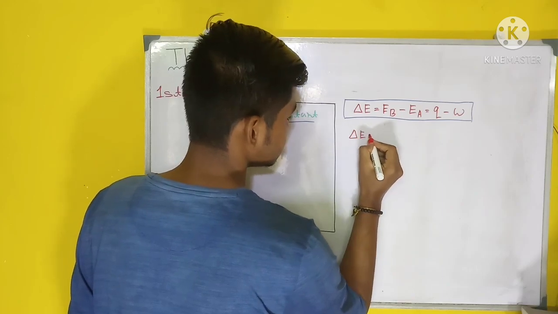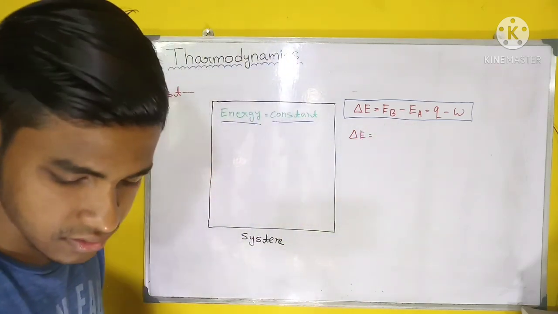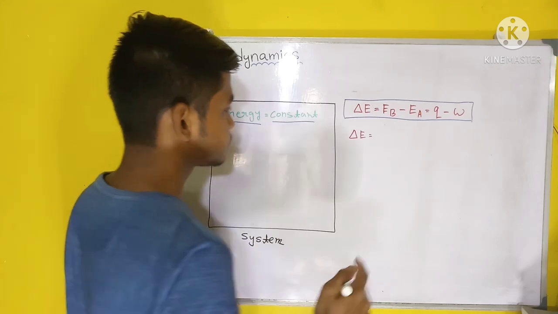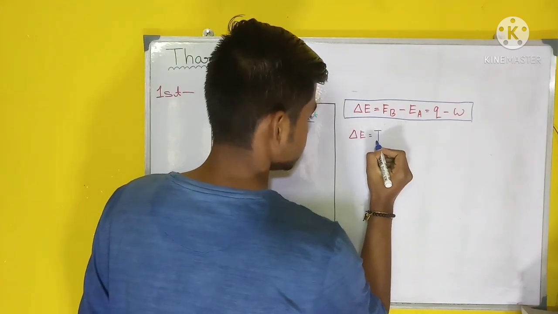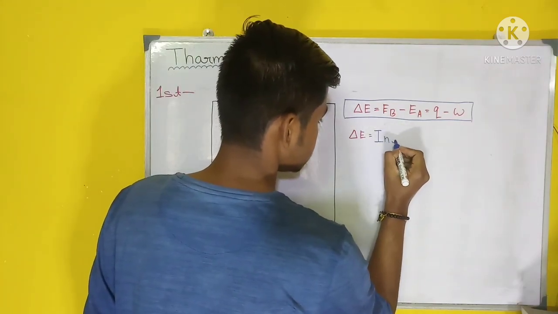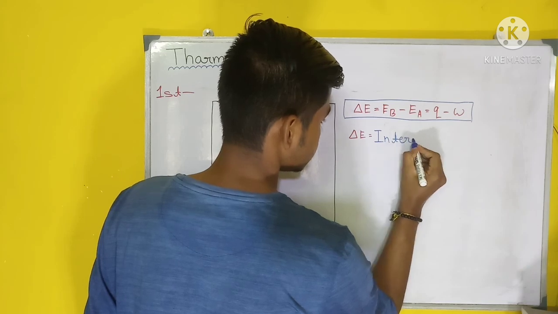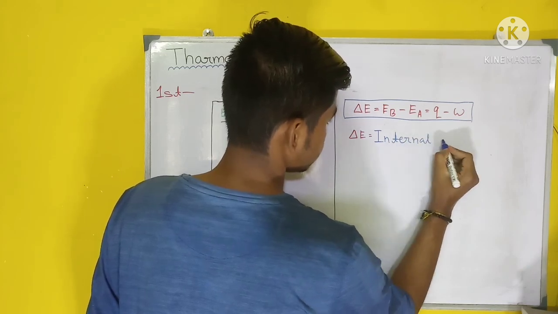So del E is actually the internal energy.